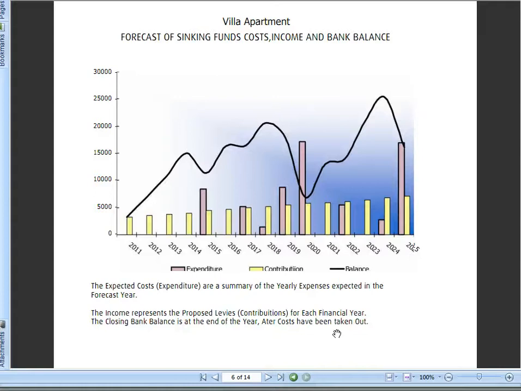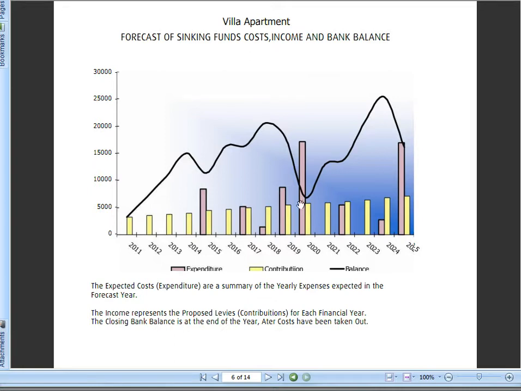Now you can see that everything has a cycle or has an effective life. So we can see in here we've got 1, 2, 3, 4 major cycles in the sinking fund forecast. That's where we're building up our funds as we get to a point, and as those expenditures come into play, then that drops down.